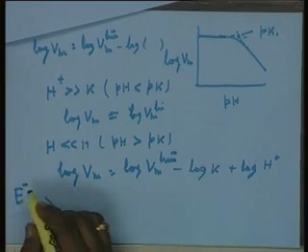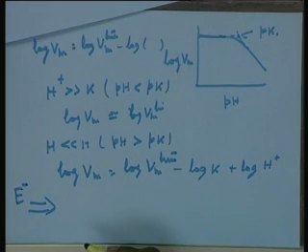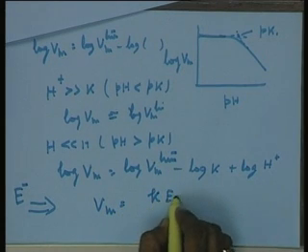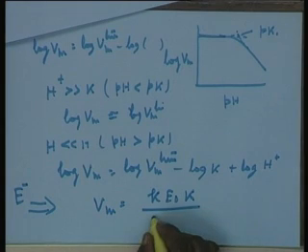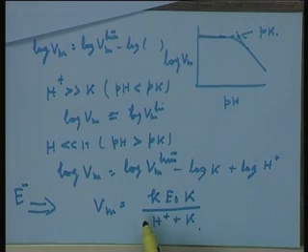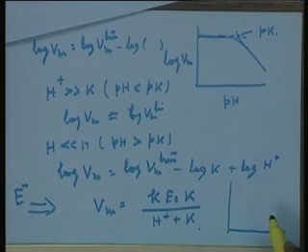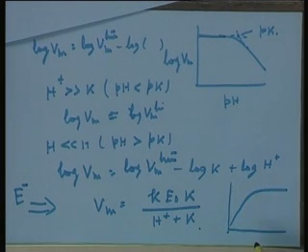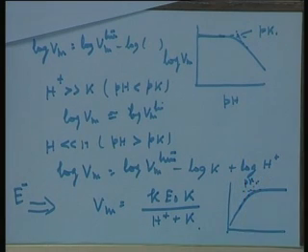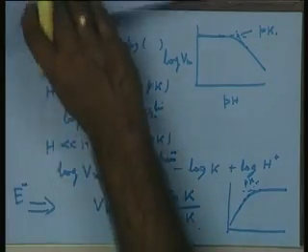When E minus is the active form, the rate is Vm equal to k E naught times capital K upon H plus K, and you can analyze it in the same way, and the profile obtained will be the reverse of this, and again you get the pK value. So the only difference is that the direction of the pH effect will be changed, and obviously the analysis will remain along identical lines.